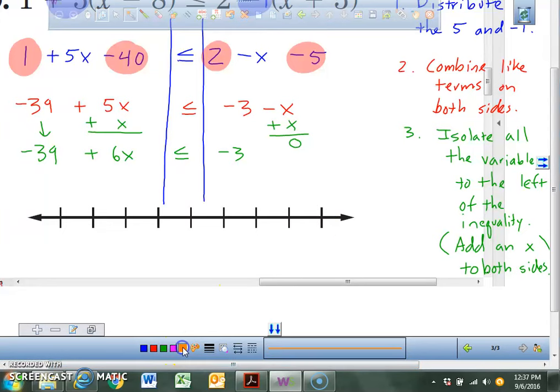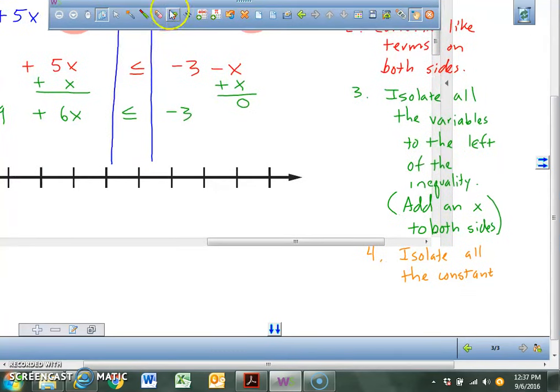So here's step number 4. All right? So right here, put isolate all the constants to which side? To the right. So put isolate all the constants to the right side of the inequality.